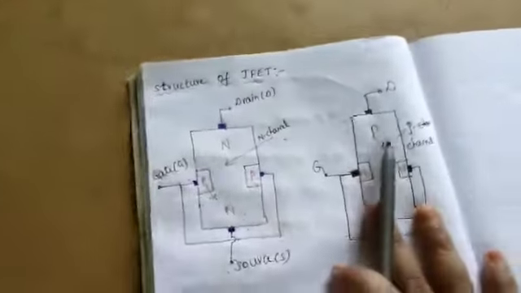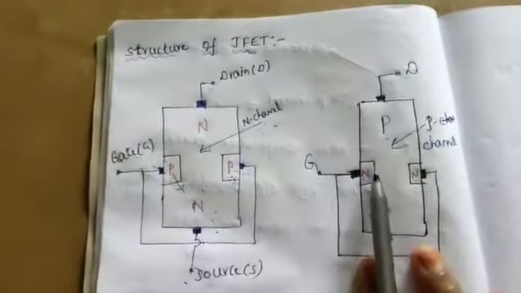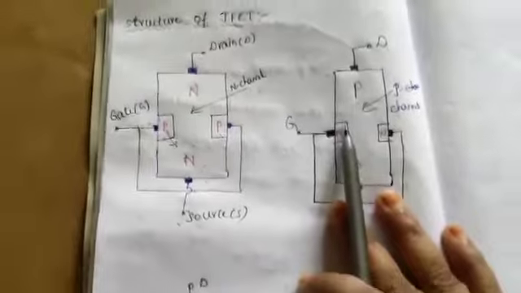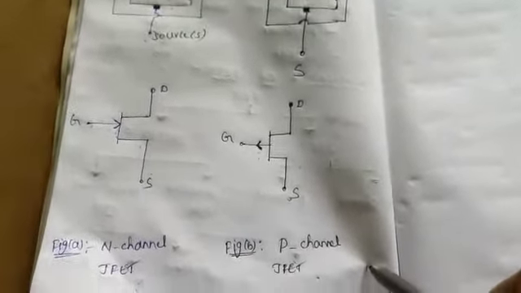What is the basic structure of a JFET? JFET is basically of two types: one is N channel JFET, second one is P channel JFET. What is the difference in structure?